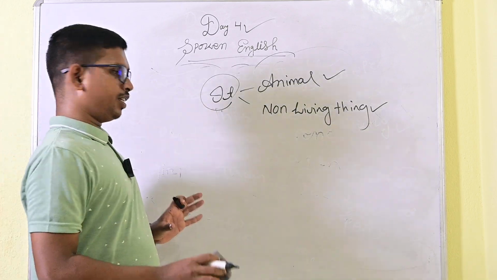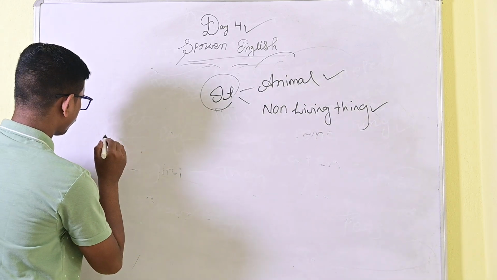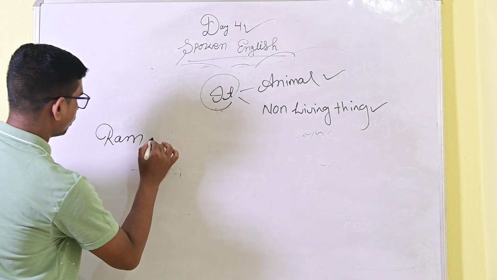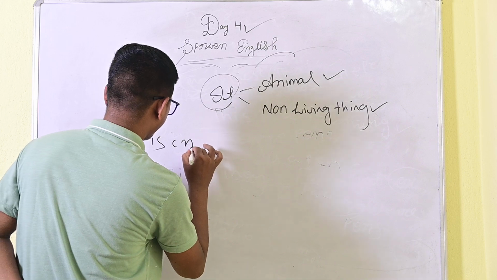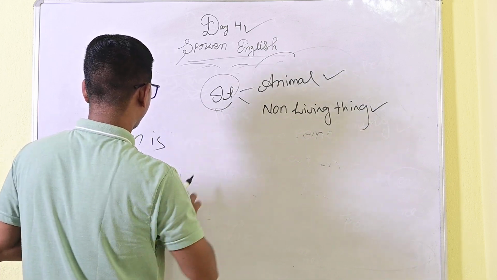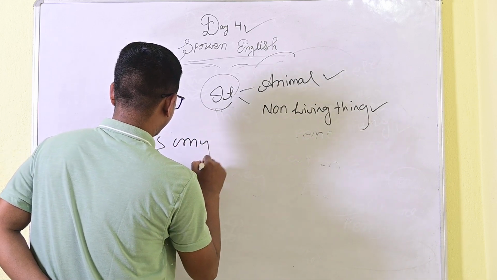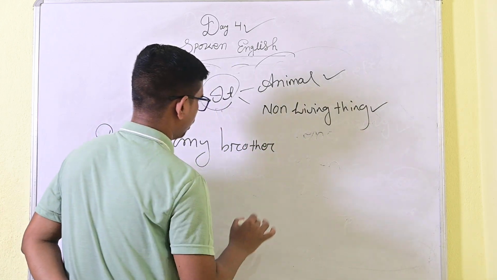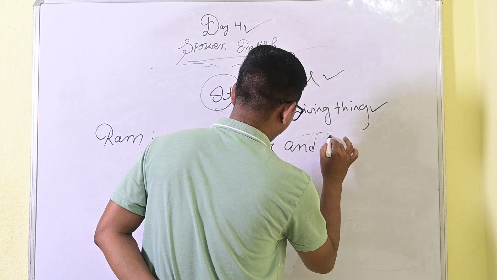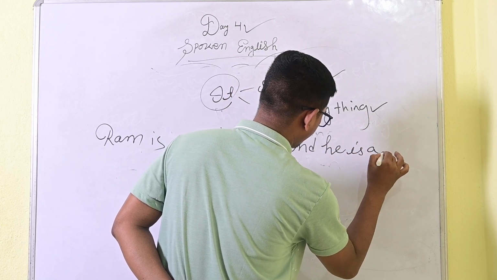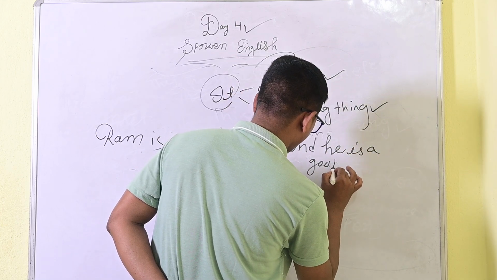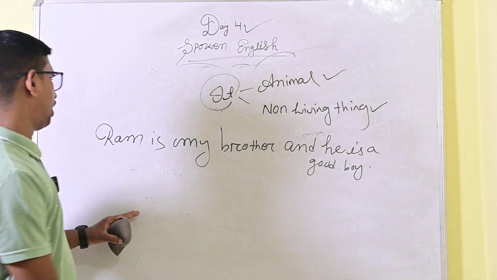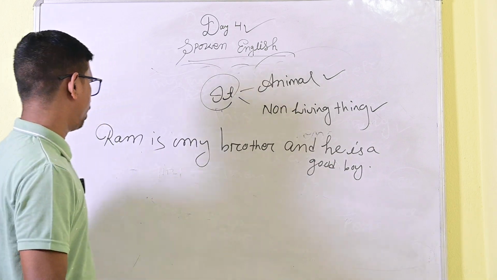You have to see the sentence properly. Ram is my brother and he is a good boy.